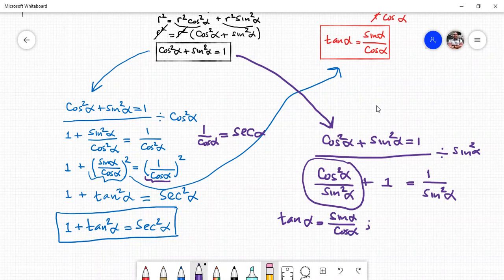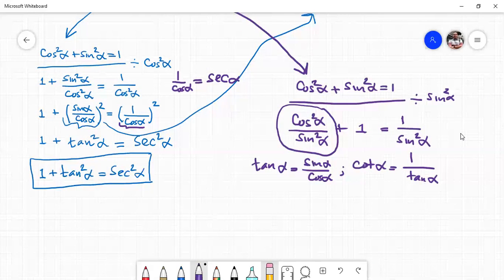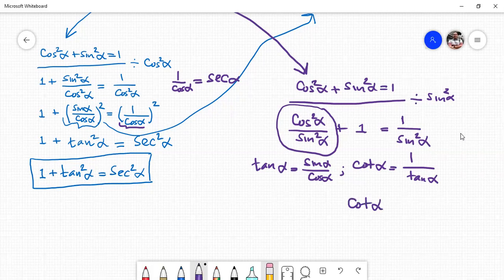And meanwhile, cotangent alpha as the reciprocal of tangent, this is 1 out of tangent alpha. Then mathematically, by looking at this condition, we can write that actually cotangent alpha is cosine alpha out of sine alpha.